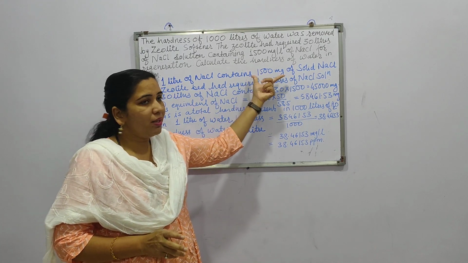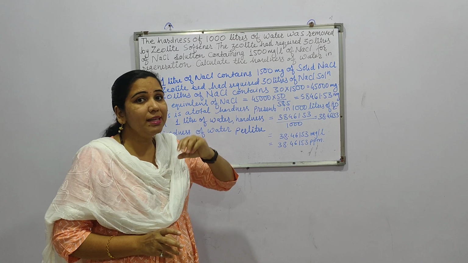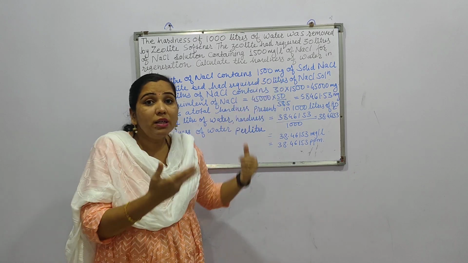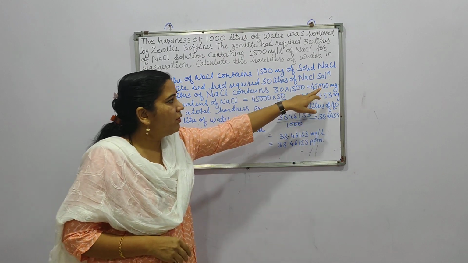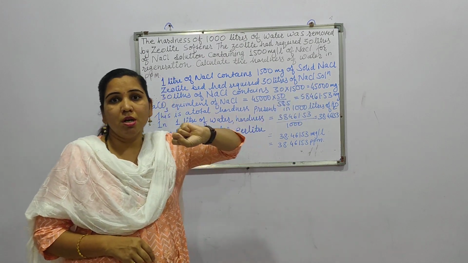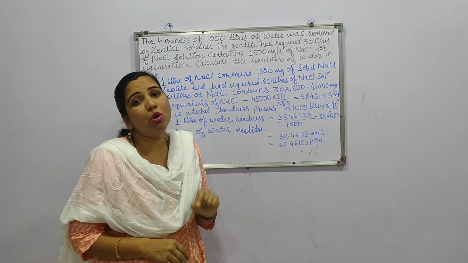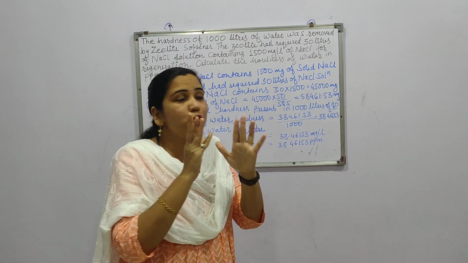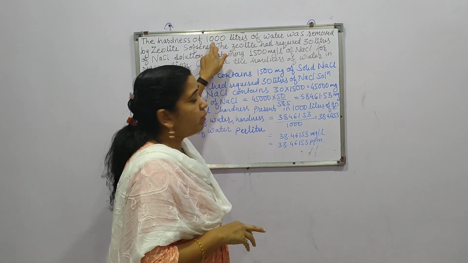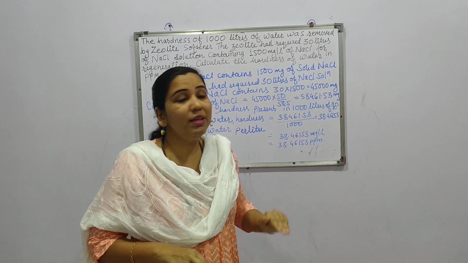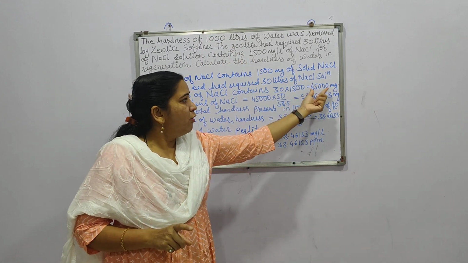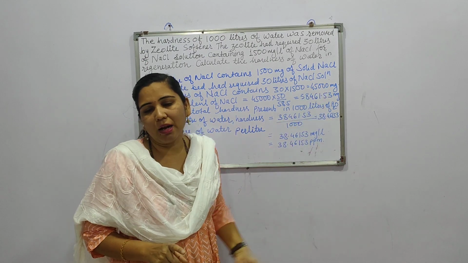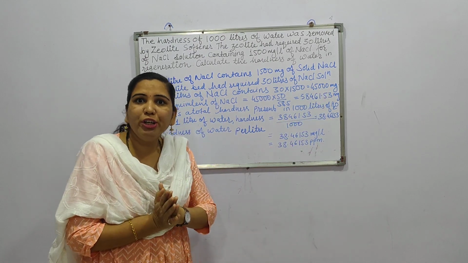Per liter 1500, so for 30 liters we multiply 30 into 1500, and we get 45,000 milligrams. So 45,000 milligrams of NaCl is required to soften the particular amount, that is 1000 liters of water.